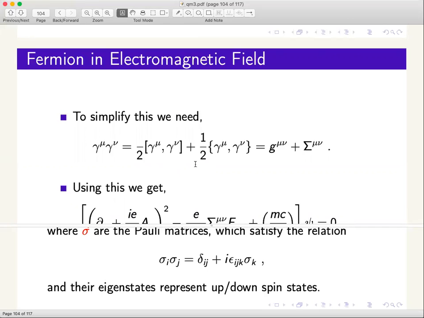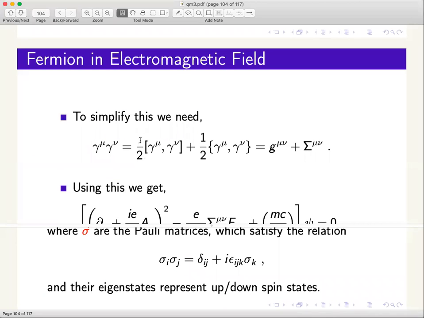But we know that the anti-commutator gives you G mu nu, and the commutator would give you sigma mu nu. Now notice I'm using the notation sigma mu nu and not gamma mu nu because I'm using the decomposition of this into half of this plus half of that, and not i by 2.